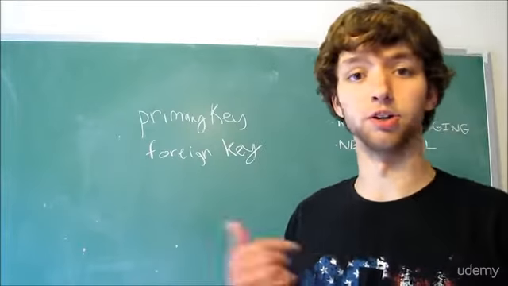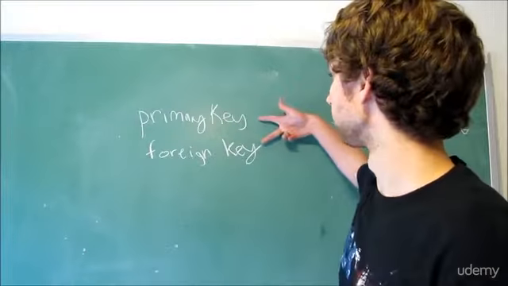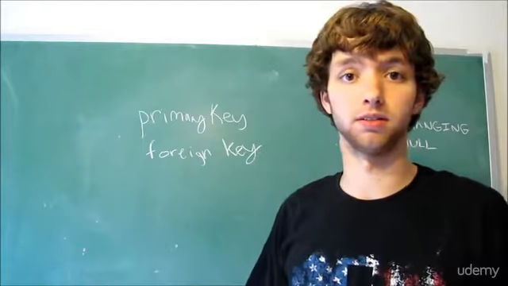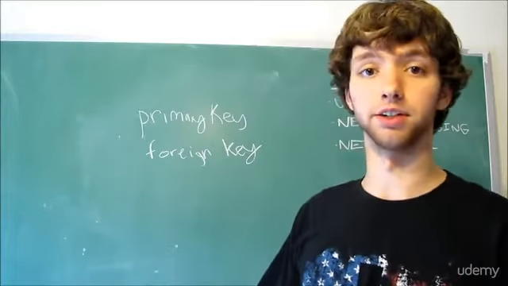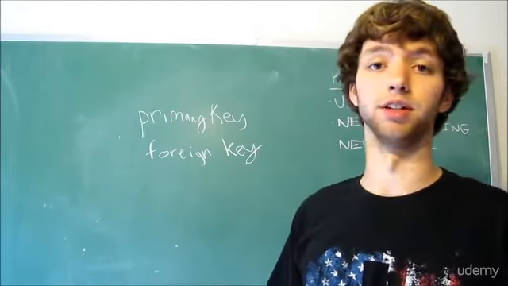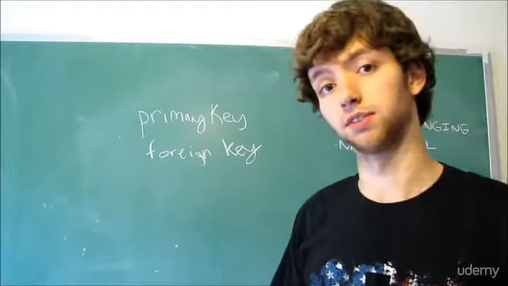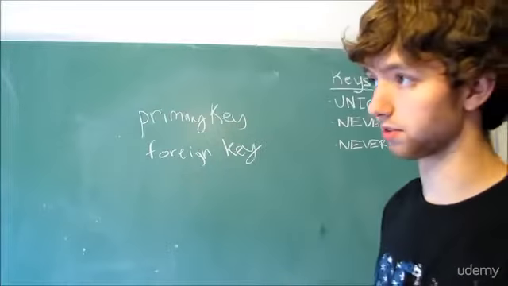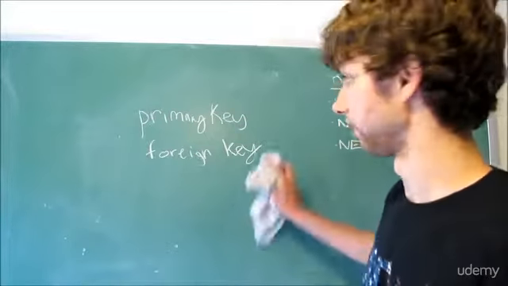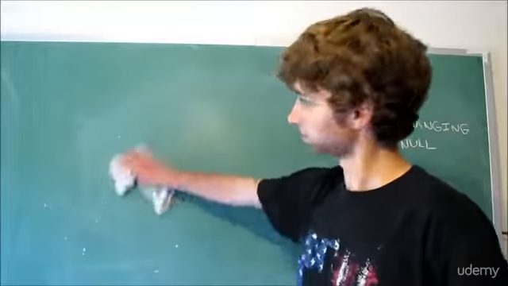So when you're a beginner learning database design, you'll probably learn that these are the two kinds of keys. When you want to learn more advanced database design, you'll learn about different categories of keys. So before we get into these two, if you haven't heard of those, just hold up. If you have heard of those, keep holding up.